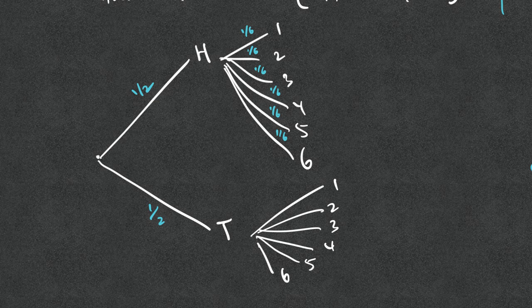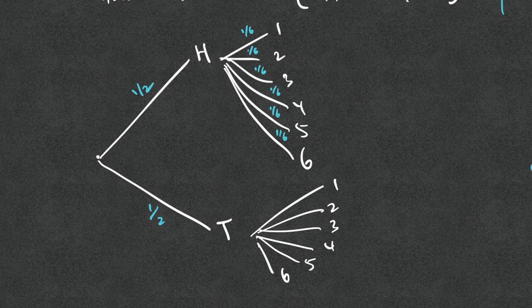The total of the probabilities in the branches that are coming out from the same point need to add up equal to 1. And so in this case, there are two branches, one for head, one for tail, coming out from one point.